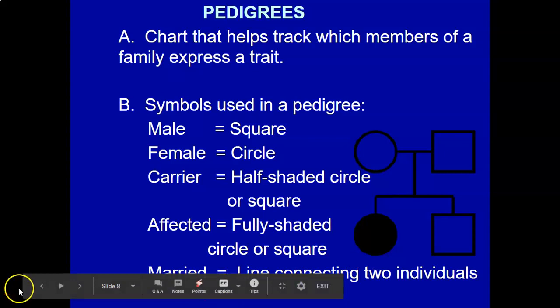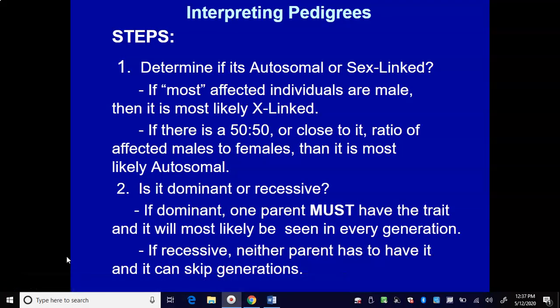Now, when you're interpreting pedigrees, the first thing we want to know is: is the trait autosomal or sex-linked? Autosomal, remember, means it's not on the sex chromosome, specifically not on the X. So it's on any of the other 44 autosomes. If it's sex-linked, it's on the X sex chromosome, like color blindness and hemophilia.